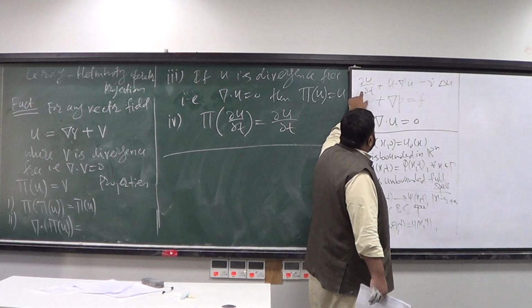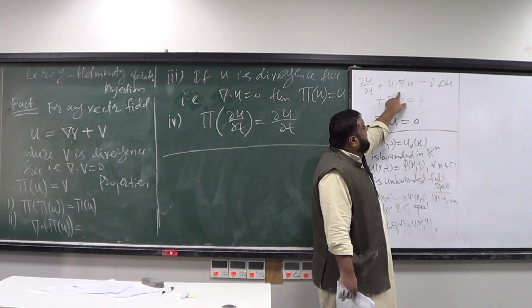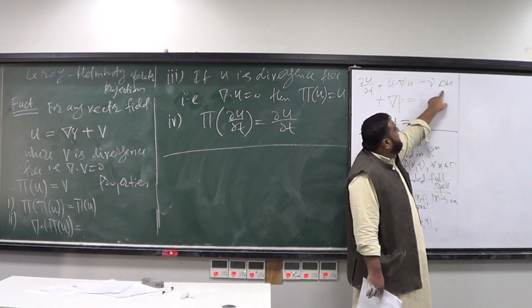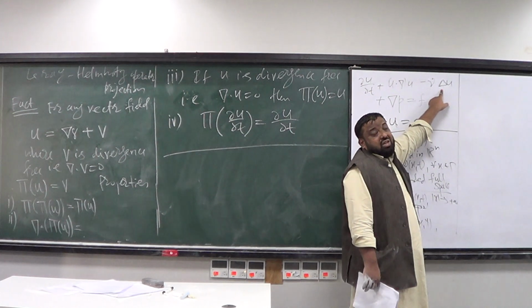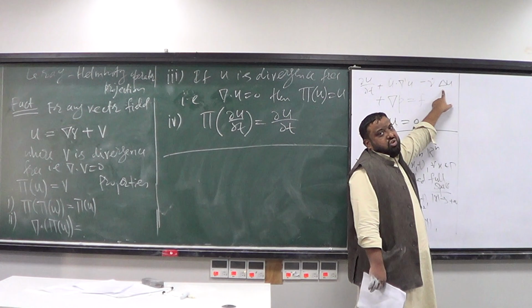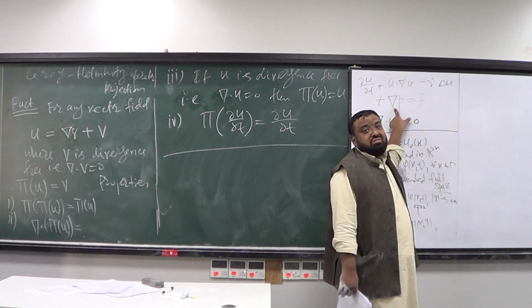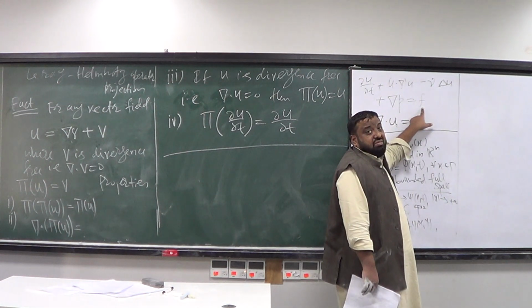So that the projection of partial U by partial T is going to be partial U by partial T. This is something I'm going to talk about in a moment. So this term is going to be nu times the projection operator operated onto Laplace U, so it's going to become AU, and this is going to be 0, and this is going to be the projection of f.